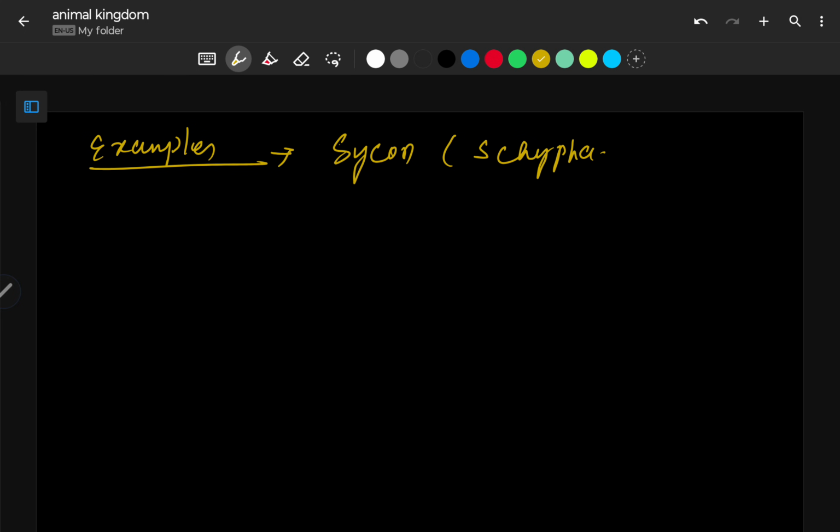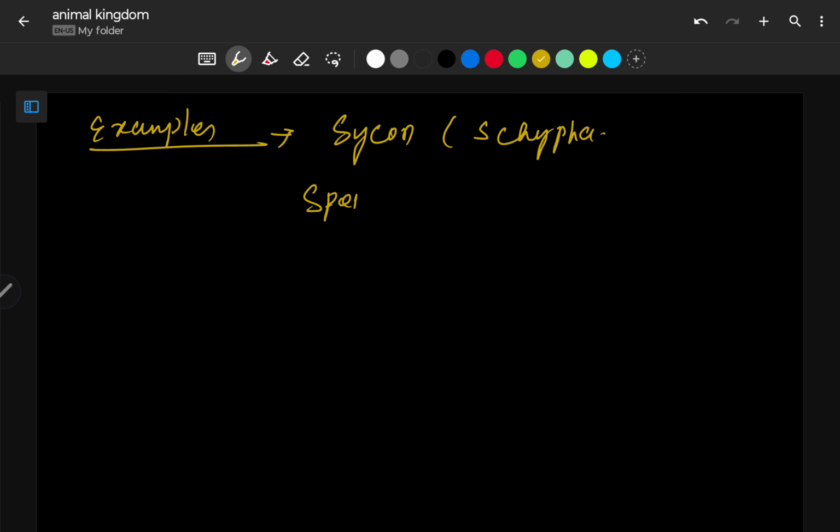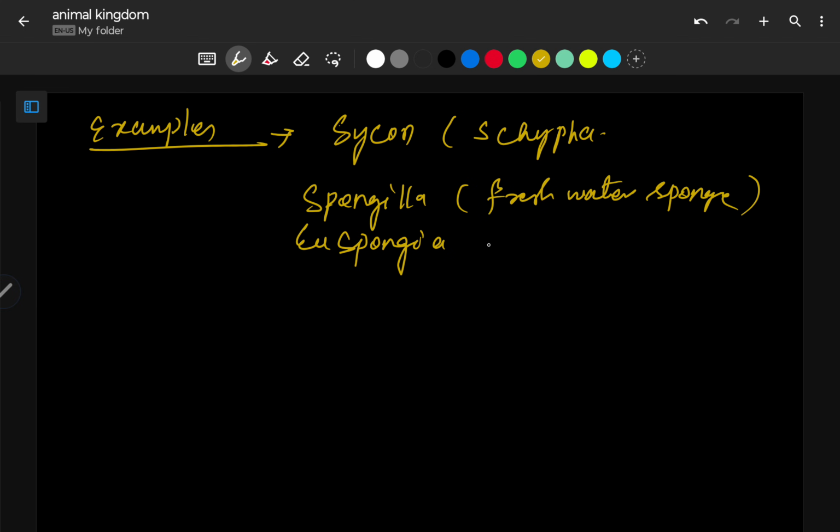Okay, then Spongilla, very important freshwater sponge. Okay, then Euspongia, which is called bath sponge. So these common names are very important. Okay, when I'll give you the exam questions, then you will know the importance of these names.